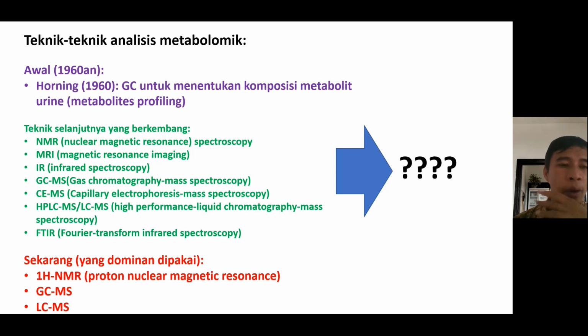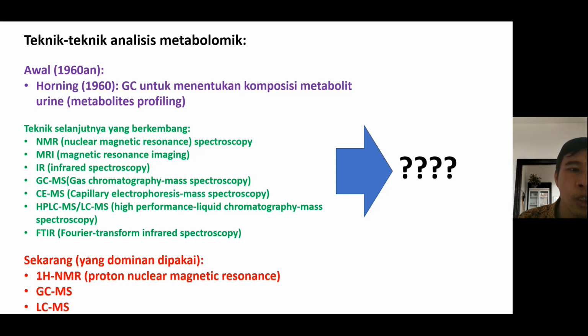So in the early 1960s, Harding researchers performed metabolite profiling. So he is the pioneer in metabolomic analysis. He deployed gas chromatography to review the metabolic profiling of urine.